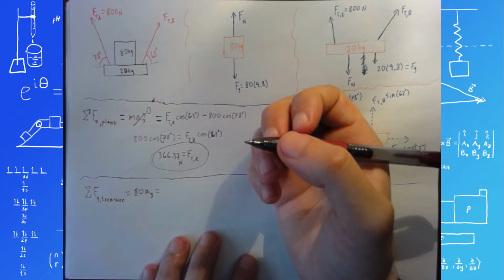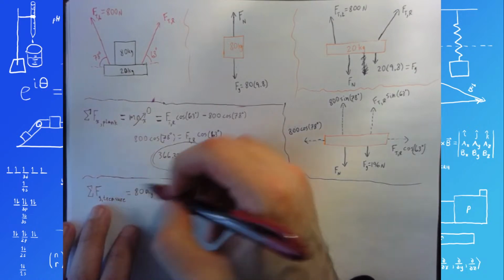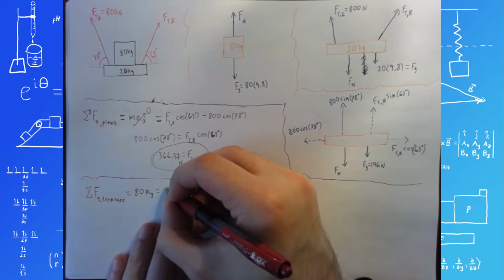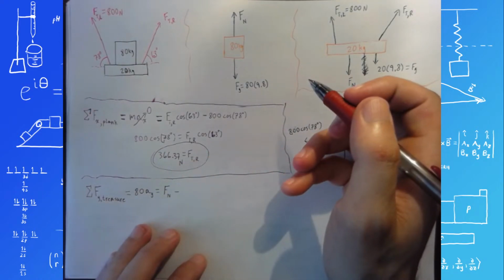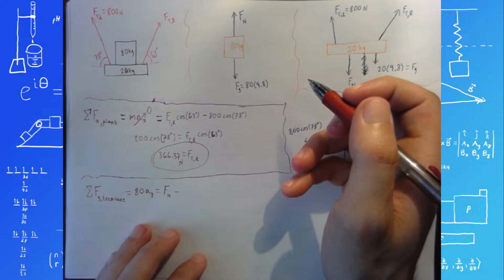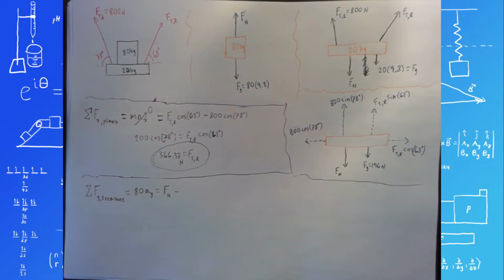I'm going to use up as positive and down as negative, so net force is also equal to the sum of the forces, so this must be equal to, I'm going to do forces up minus forces down, so 80 times 9.8. This I don't think I know off the top of my head. 784? 80 times 9.8. 784.